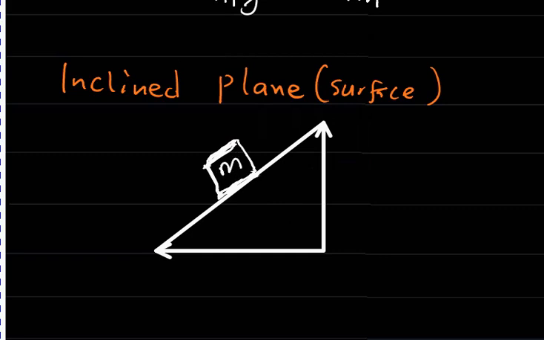Without me trying to pull on this mass, ordinarily by raising this plane to incline at an angle theta, there's always going to be a force due to the potential of the plane, because the potential has been created by raising this plane and inclining it at this angle.